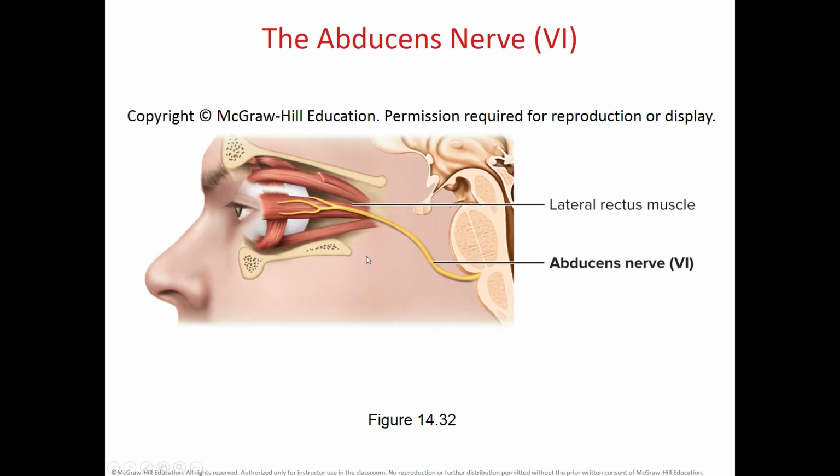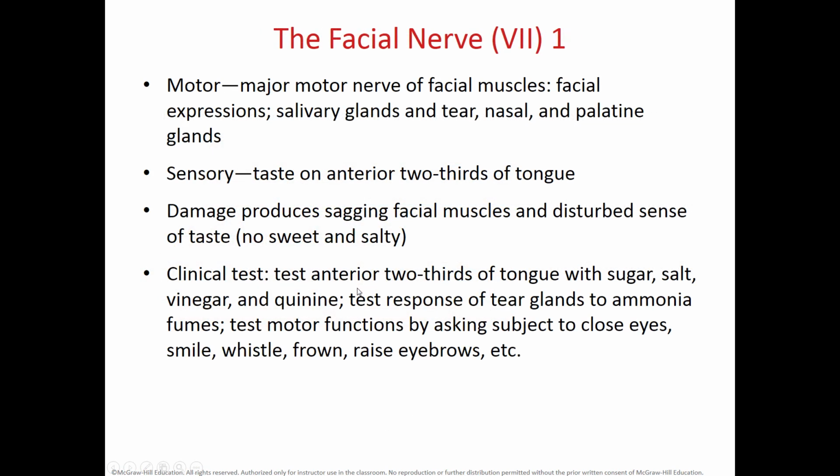And if you have a toothache, you know that cranial nerve number 5 is sending that information to the brain. Abducens, cranial nerve number 6, innervates the lateral rectus muscle in here. The rest of the extraocular muscles are innervated by oculomotor.